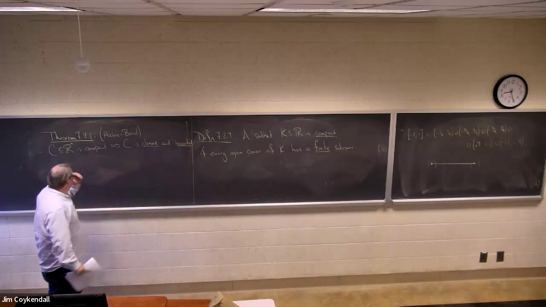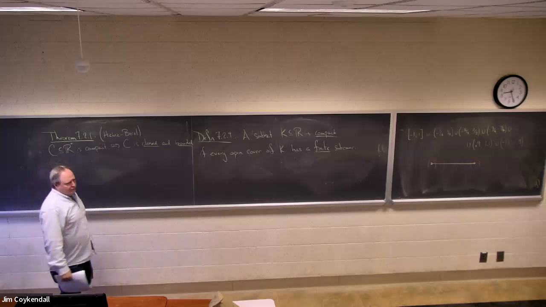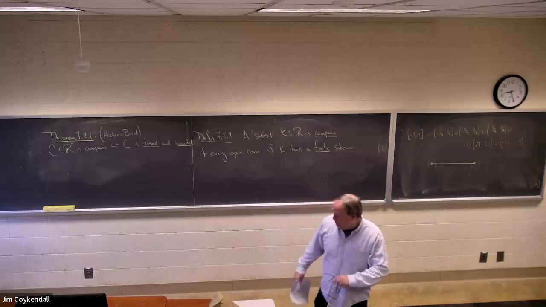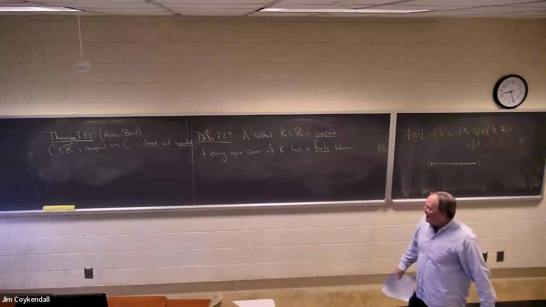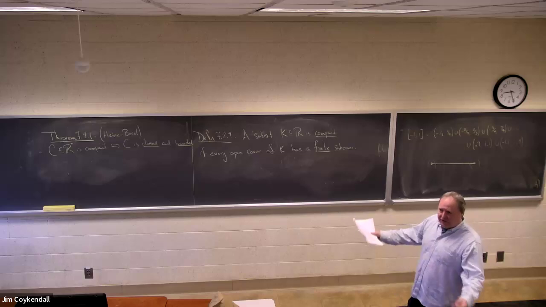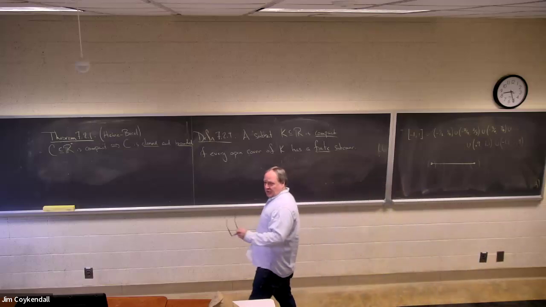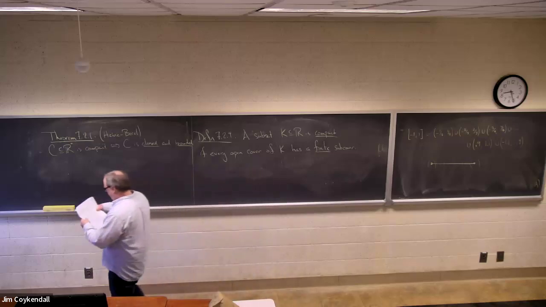This is a huge theorem. Not just on the real line, but in the plane, in space, in n-dimensional space, a set is compact, that is, every collection of blankets has a finite subcollection, if and only if it's a closed and bounded set.